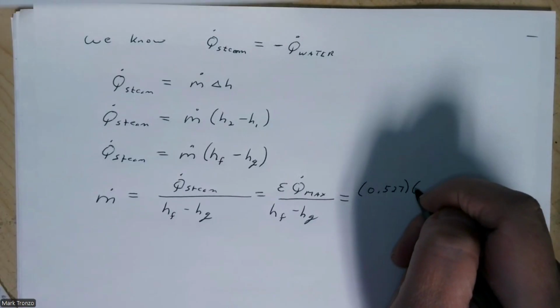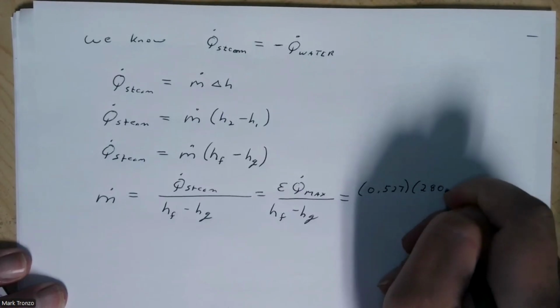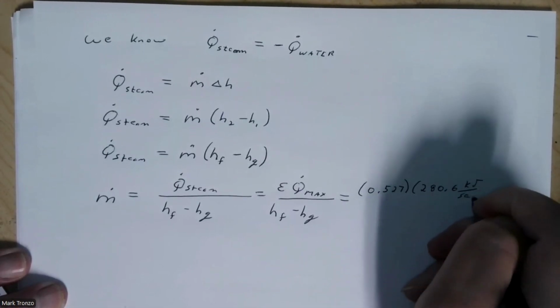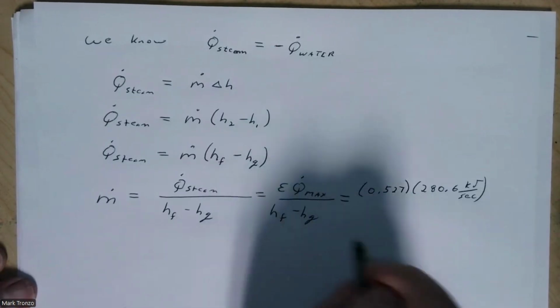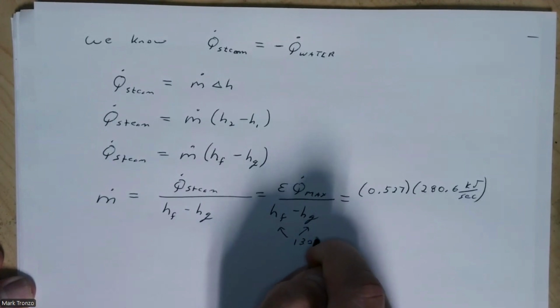Q max we calculated to be 280.6 kilojoules per second. And we'll have to look up in the steam table. These are both going to be at 130 degrees C.